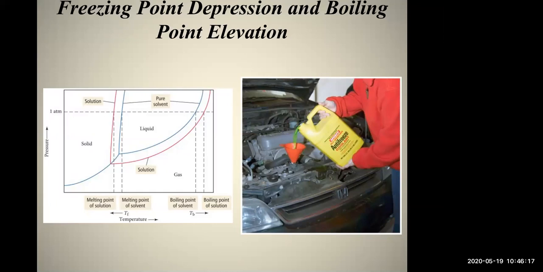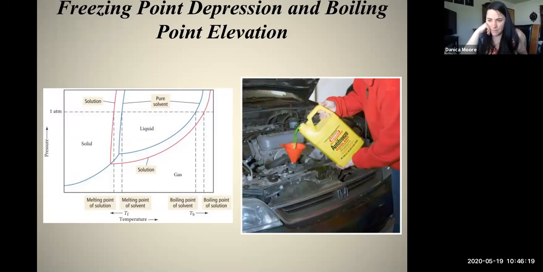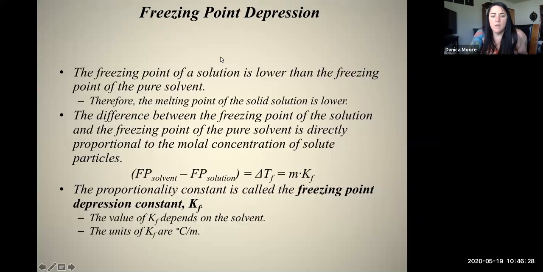Okay. And that's why they salt the roads, though, right? So this idea of solvent-solute interactions also goes into the freezing point and the boiling point. This is one of the things that you'll definitely have calculations with on the exam. The freezing point of a solution is lower than the freezing point of the pure solvent, right?